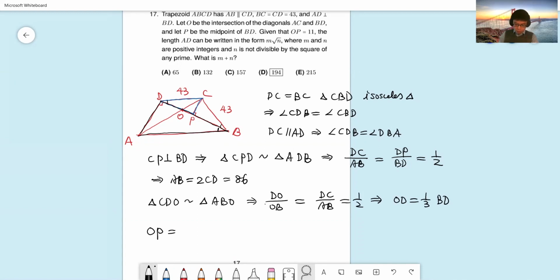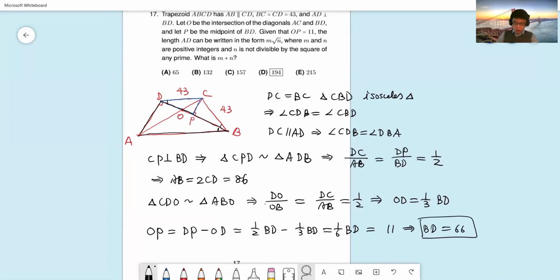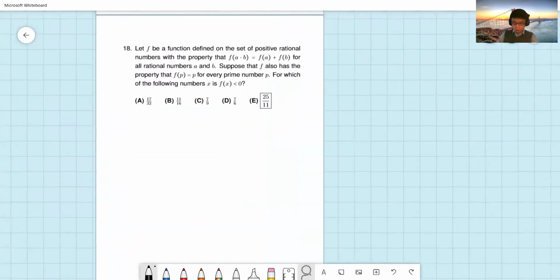OP is DP minus OD. DP is 1/2 of BD. OD is 1/3 of BD. So OP is 1/6 of BD. This is given as 11, so we know BD equals 66. BD equals 66, AB equals 86.